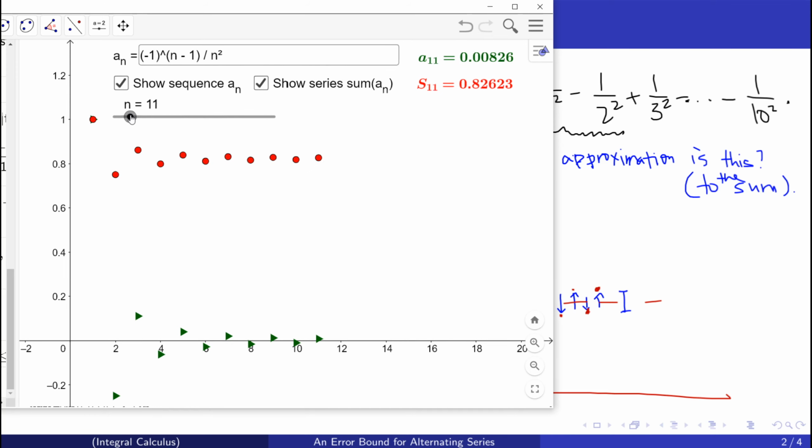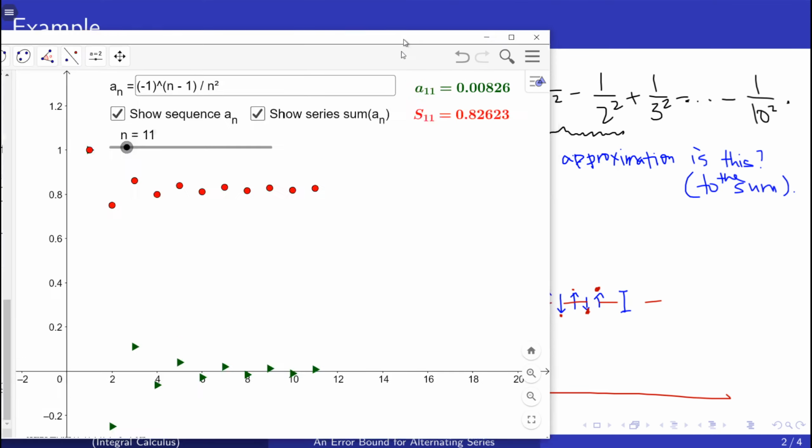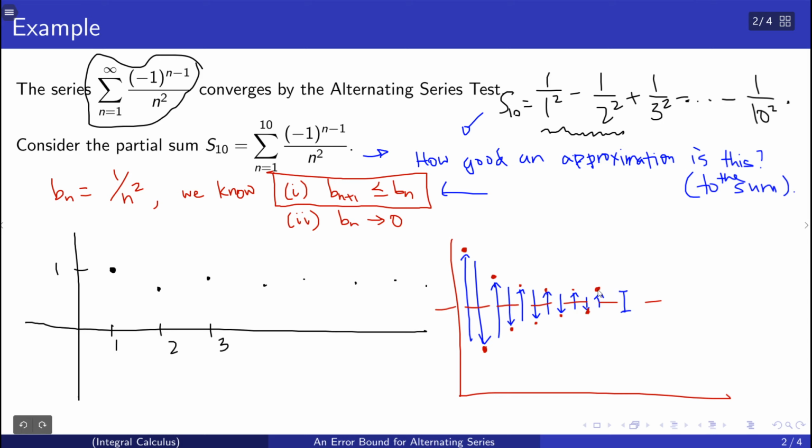By this argument, whatever your next term is gives you an error interval as to where the actual sum could be. Here it's b sub 11, 1 over 11 squared. But let's state this formally.